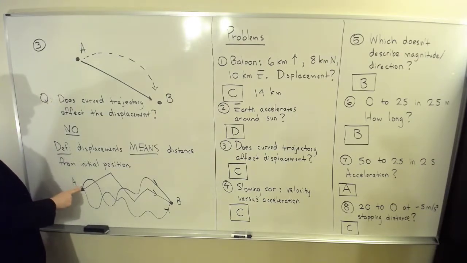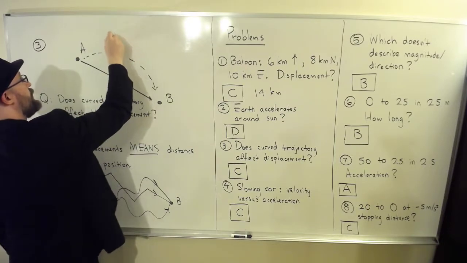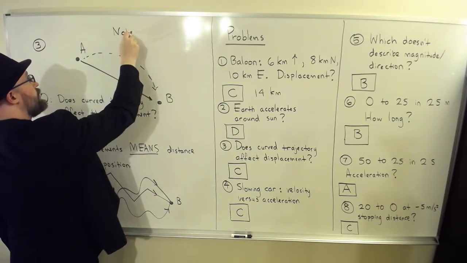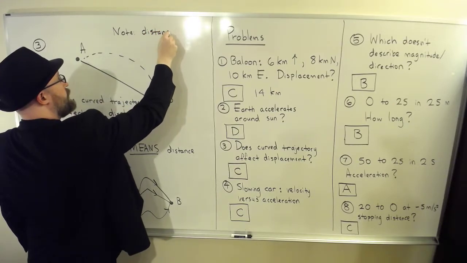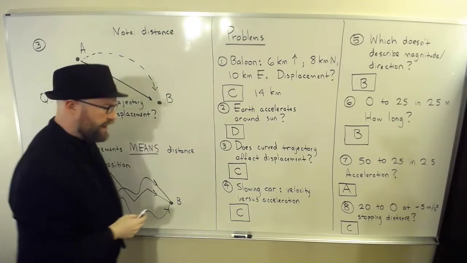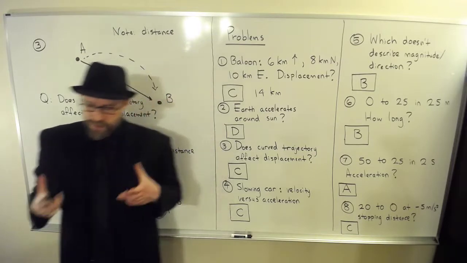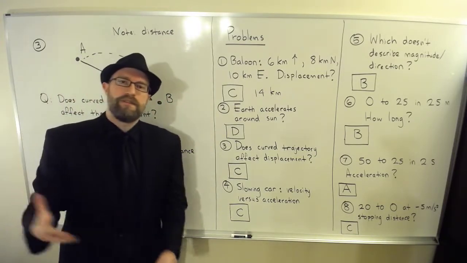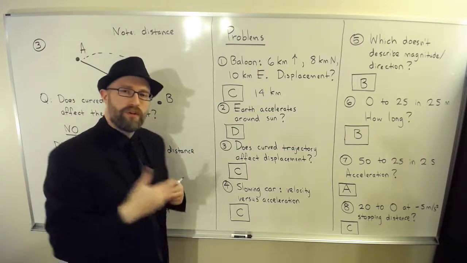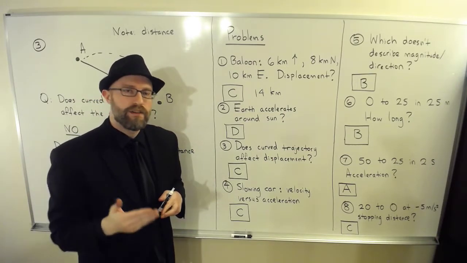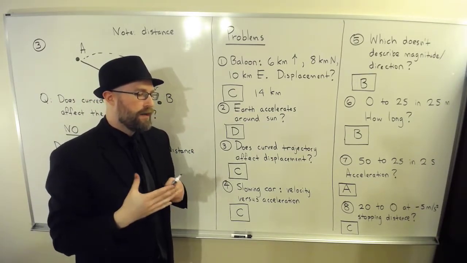Now what is different is the distance along these paths. So I'll just write this up here. Note the distance, and that's different from the displacement. Now, like I said in the last video, when you're doing physics, these words acquire new meanings that are more specific than the meanings that you're used to associating with them.